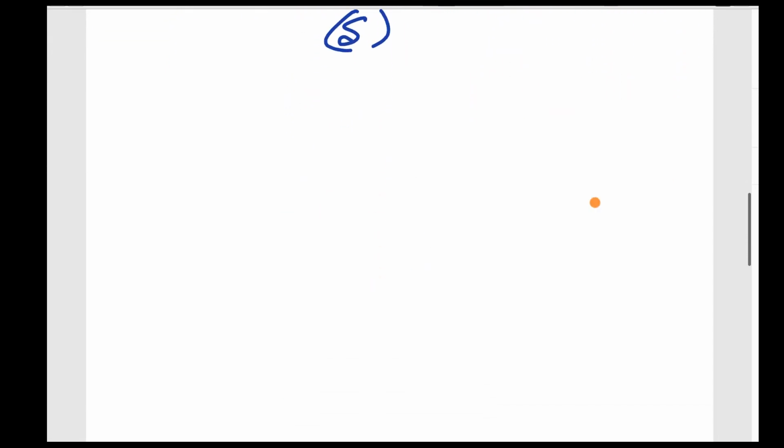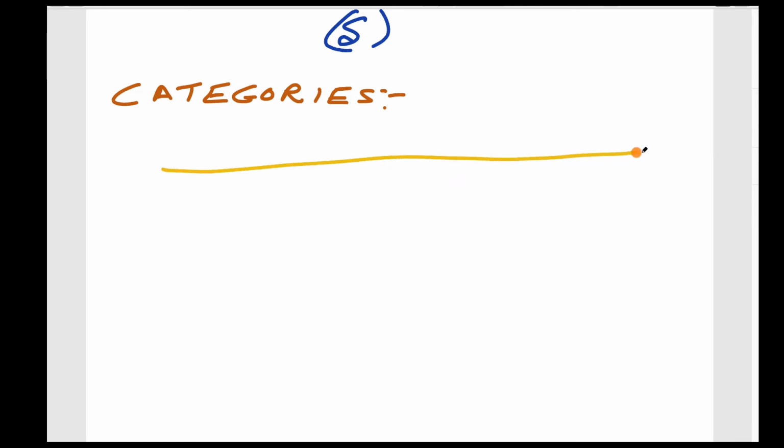Let us now take up the various categories. In irreversible inhibition, there are three categories.